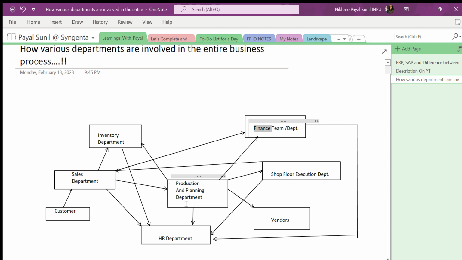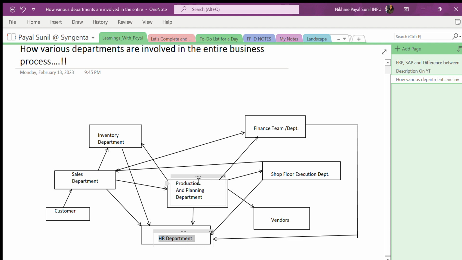And similarly, the production and planning department will also update the finance team regarding the payments to be made to vendors, since they have purchased the raw material from the vendor. And during this entire process, if any department is facing any issue related to human resources, then they can contact the HR department. So this is how the normal business process works.